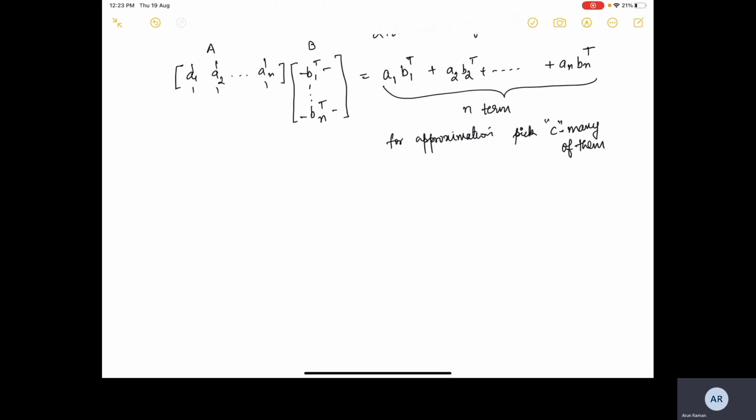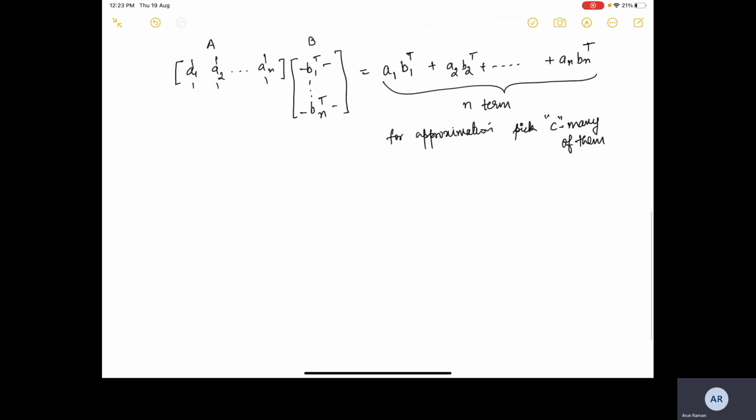The idea has some parallels with singular value decomposition, where we are also decomposing a matrix into rank 1 matrices, and we have R of them, where R is the rank of the original matrix. But there, when we want a rank K approximation, we pick the first K terms which have the largest component.